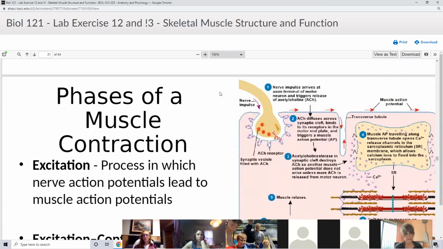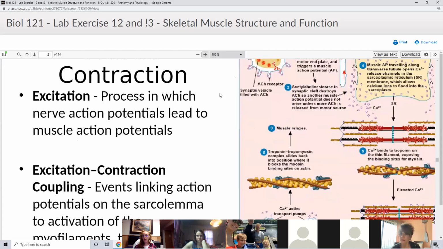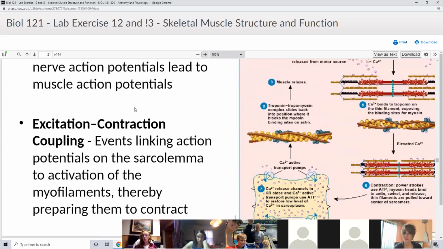So two things are going to occur in muscle contraction. We're going to have excitation, the process in which the nerve action potentials are going to lead to muscle action potentials. And excitation contraction coupling, the events that are going to link the action potentials that were initiated to activation of the myofilaments, preparing them to contract.